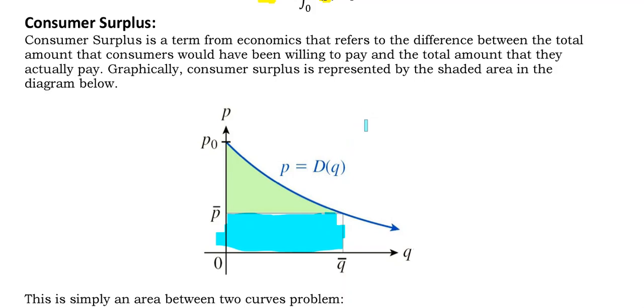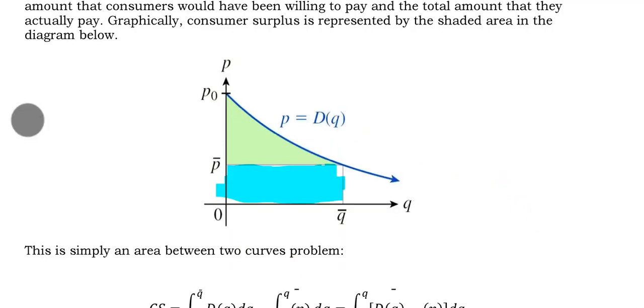It's basically how much society or consumers as a whole are saving by purchasing a good or service at a reduced price, less than what they were willing to spend. And so this is simply the difference or the area between two curves.